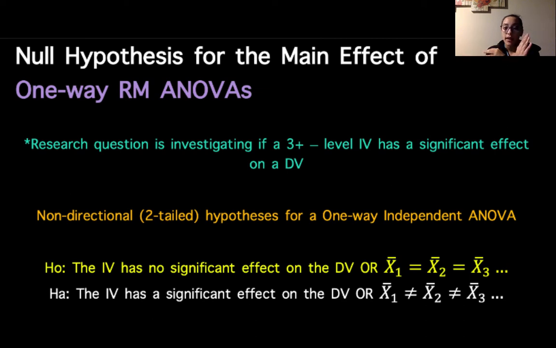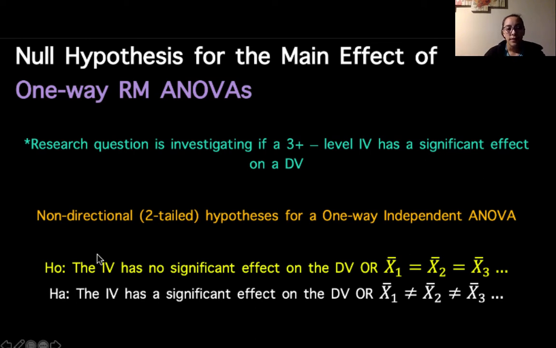So we have 3 different dependent variable measurements at 3 different points in time, and time would be our independent variable, right? So the 3 levels of that would be baseline, 2 weeks, 4 weeks, and we're trying to see if there are significant differences between each time point, right?